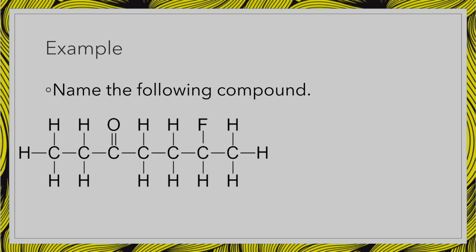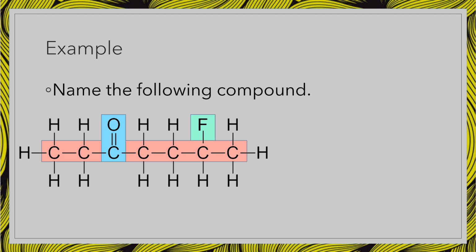What about this fancy one? Longest carbon chain is 1, 2, 3, 4, 5, 6, 7. So it's a hept. So it's a heptanone because it's got that carbon-oxygen double bond. We also have a fluorine partway along the chain. Now remember, when we're numbering it, realistically, you can think of this 2 ways. There's 2 ways to possibly number this.